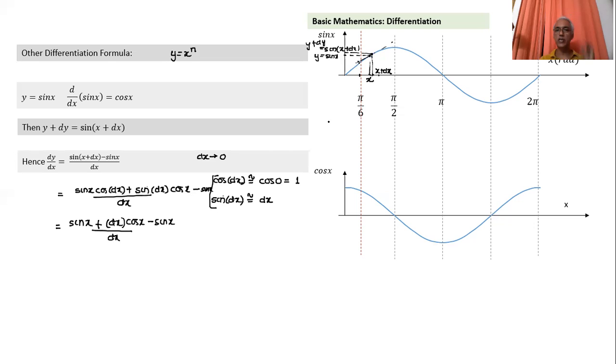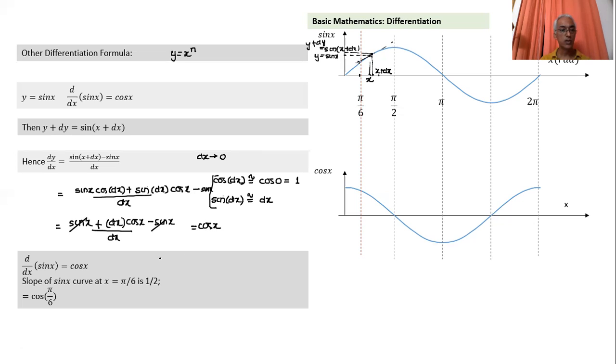So more than the derivation, you understand where it comes from. Conceptually, that's what we do to find the derivative of any function. And on simplifying, dx gets cancelled, and it is equal to cos x. So the derivative of sine x is equal to cos x.